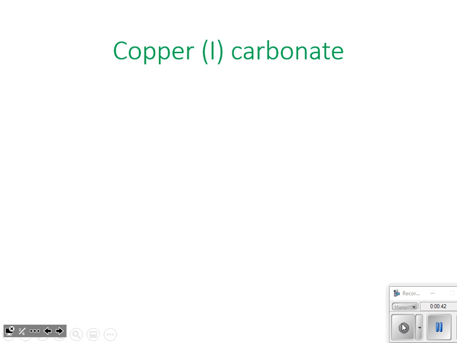Now, copper 1 carbonate. Some things I look at when I see this. I see a Roman numeral here, so that tells me that copper is multivalent, and it tells me that I am dealing with copper 1+, because it's Roman numeral 1. I look at this and I see I have carbonate. That ATE tells me that I need to find this on my ion sheet.